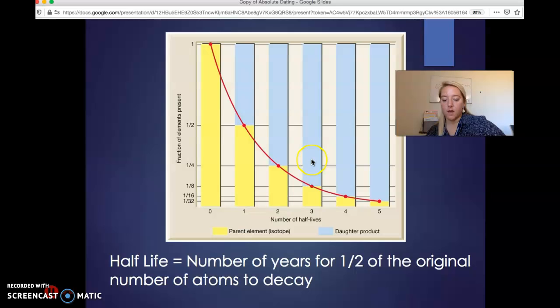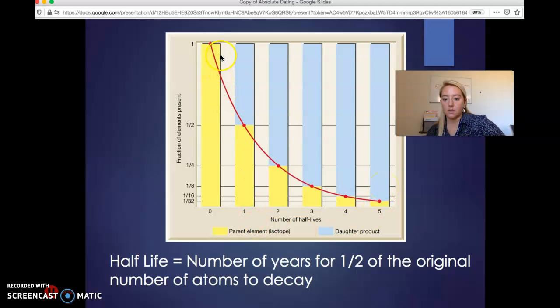I can't do the mental math, but this is only 12.5% left. Then we break down further to 6.25% of our parent isotope left, until eventually what's left is trace amounts of the parent and all of the daughter product.